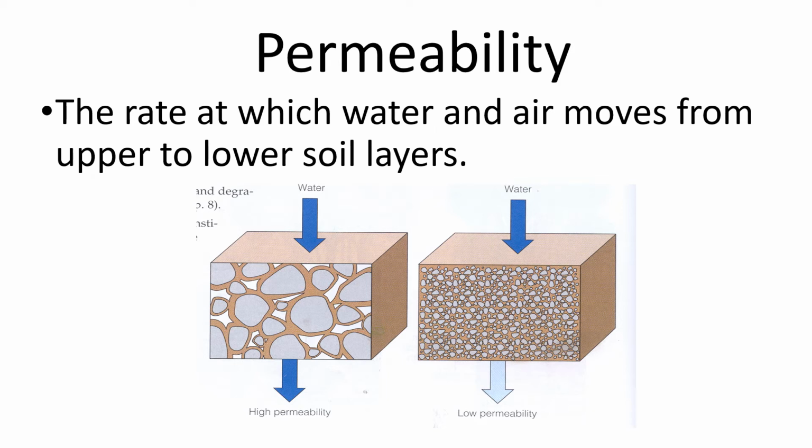And so the water will actually flow through it very quickly, or it will have a high permeability or a low water holding capacity. Whereas on the right is more representative of something like clay, and the water will not actually run through because the pore spaces are so small and there are so many of them that the water will get caught up in between the soil particles.